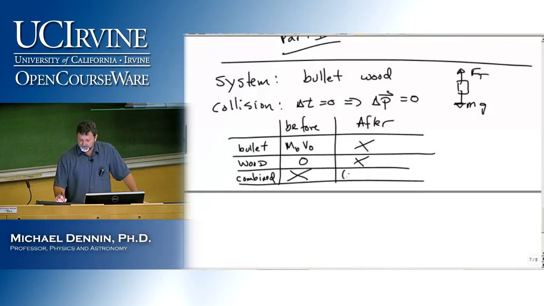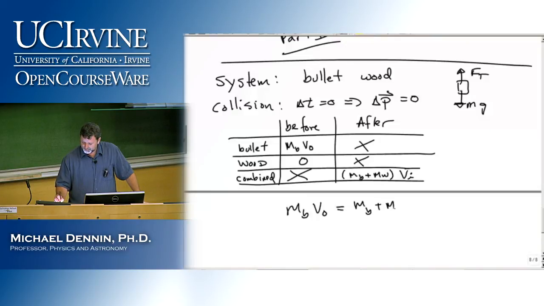All we have is the combined, which is the mass of the bullet plus the mass of the wood times the velocity of the 2, which I'm going to call V sub I, because it's just starting out to go up. So my conservation of momentum tells me that this is true. So my launch I get just from this.